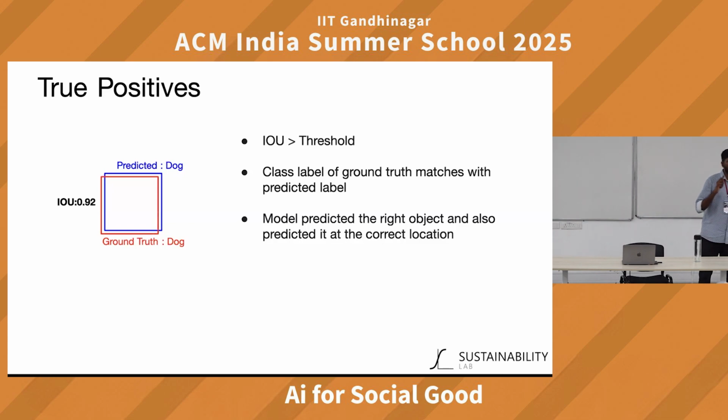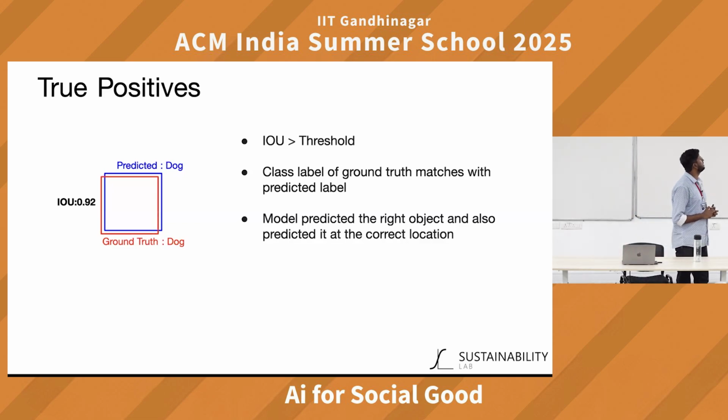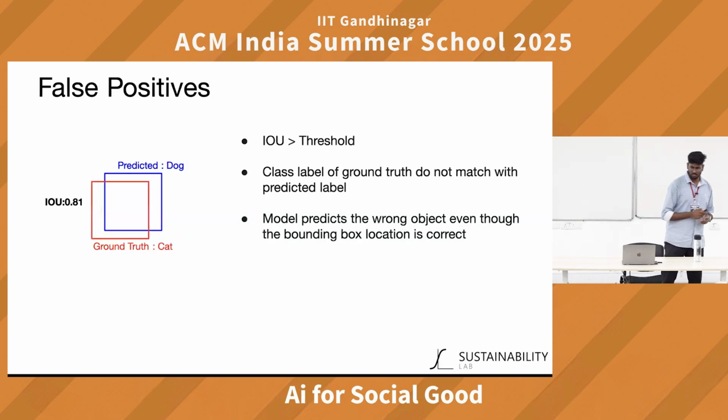You need to have an IOU above your set threshold. You could have set it to 0.5 or 0.75, it depends on your application. Here, let's say I have set the threshold to 0.5. Is IOU more than 0.5? Yes. Does the class label of the ground truth match the class label of the prediction? Yes. So we consider this a true positive.